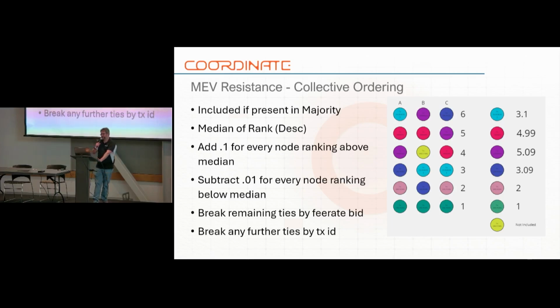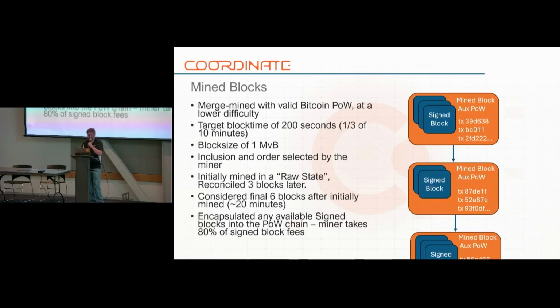And if you have one that's ranked lower, you asymmetrically subtract 0.01. This is only used for tie-breaking purposes, just to show, okay, here's the actual order these things went in with this input set. And then for final tiebreakers, well, first what they pay, their bid rate, and then transaction ID.